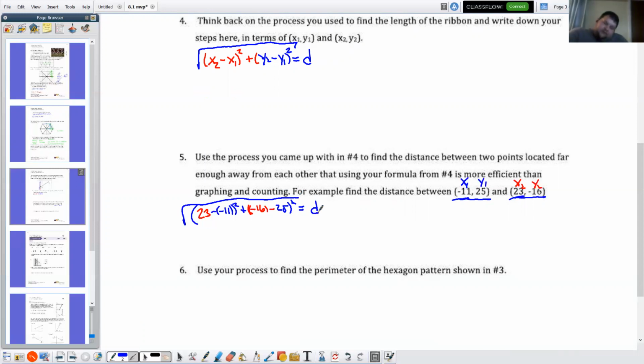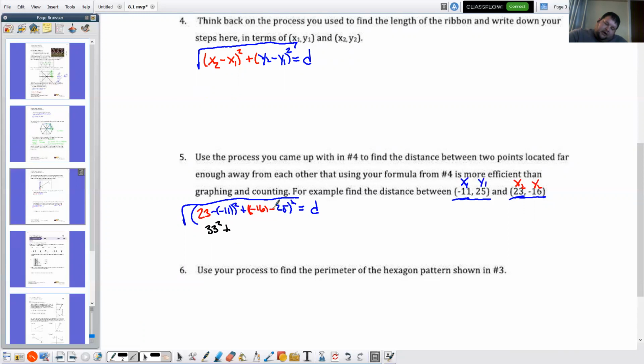So if we look at this, I've got 23 minus negative 11. Let's do that calculation first. 23 plus 11 is 33, and that's still squared, plus negative 16 minus 25.